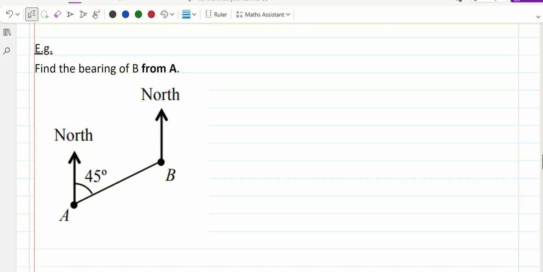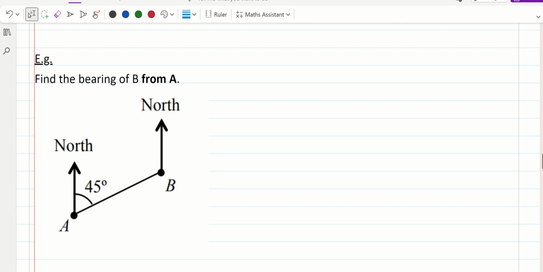So let's have a look. Usually the question would say calculate or find, but most importantly, they will say not drawn to scale, which means don't try to use a protractor.